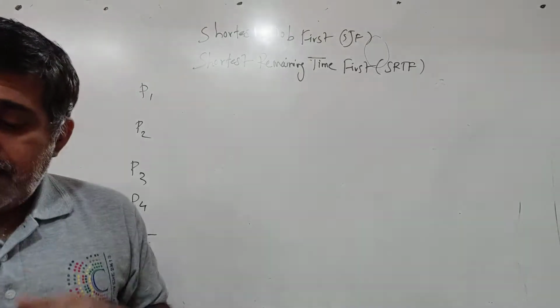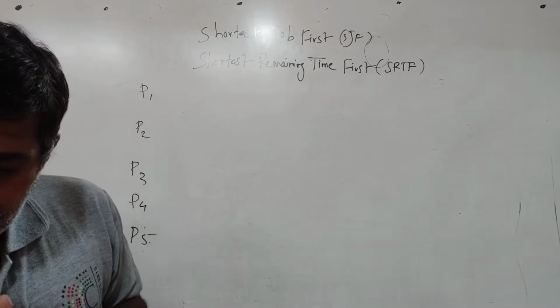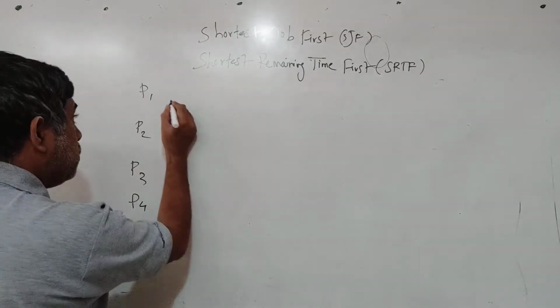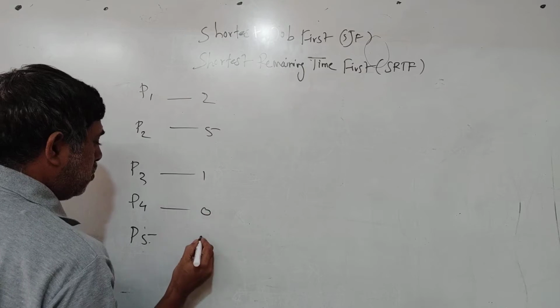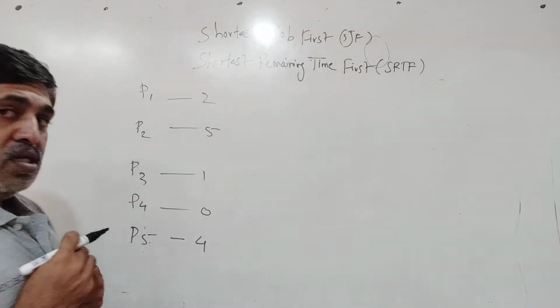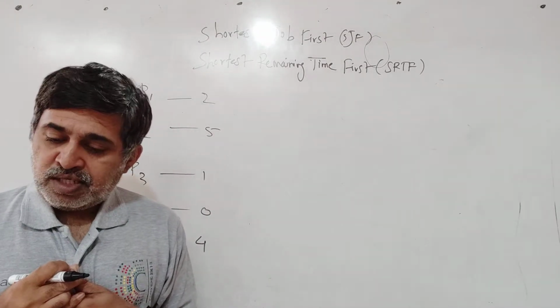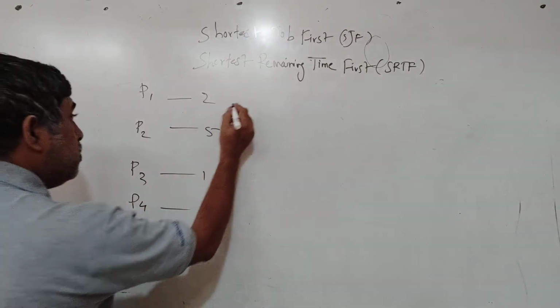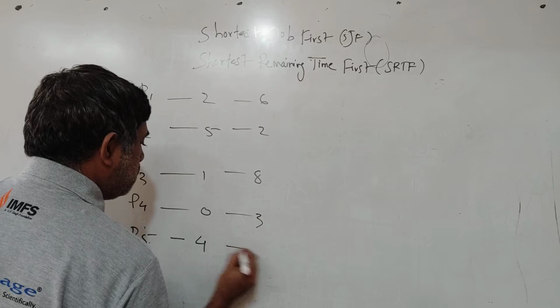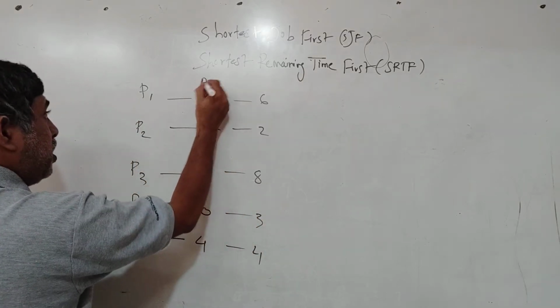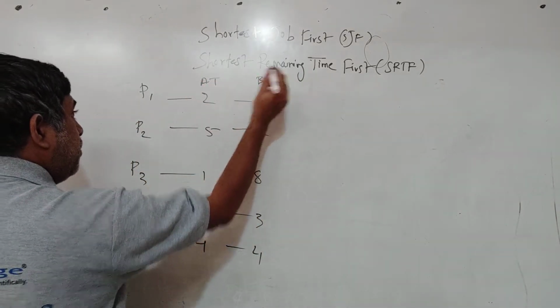The arrival time of these processes is given, whereas the burst time for these processes is given. So this is going to be the arrival time, and this is going to be the burst time.